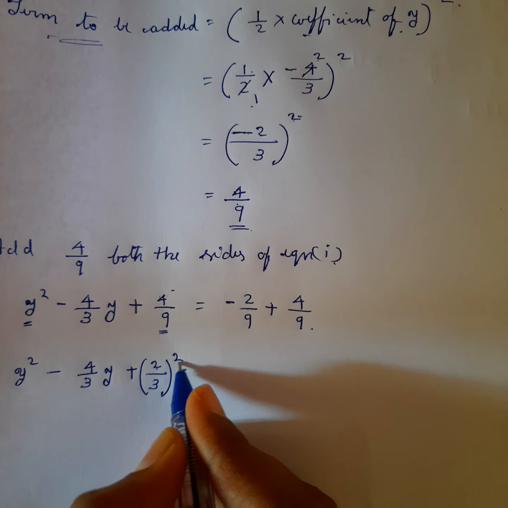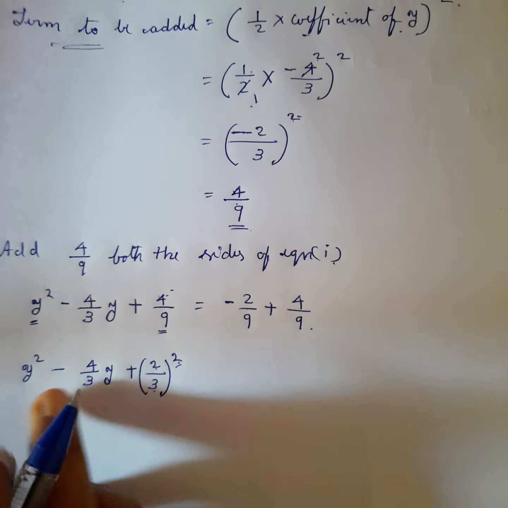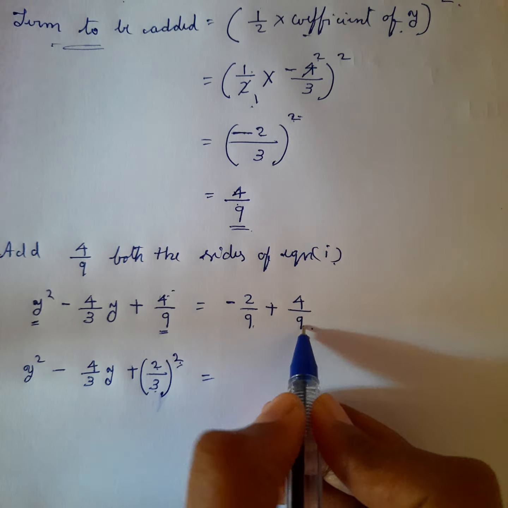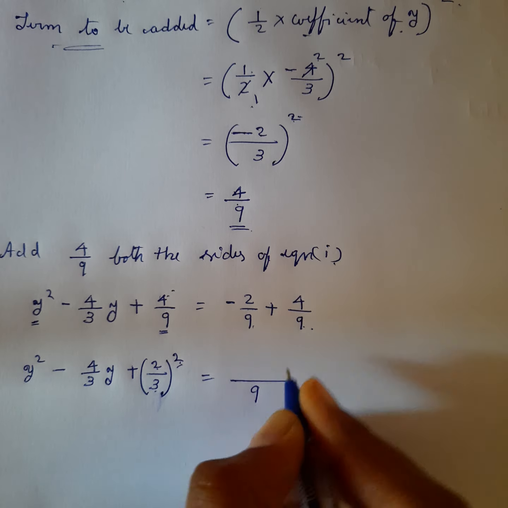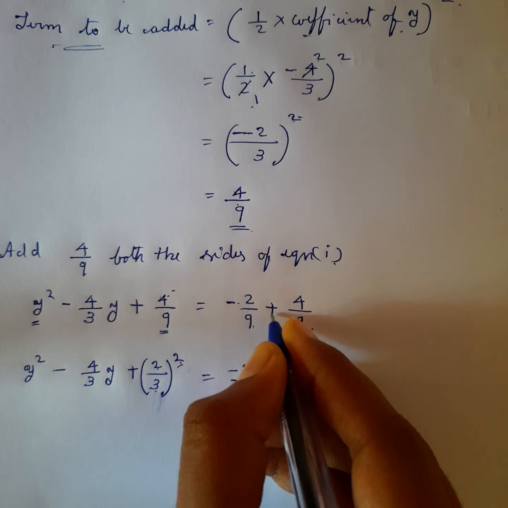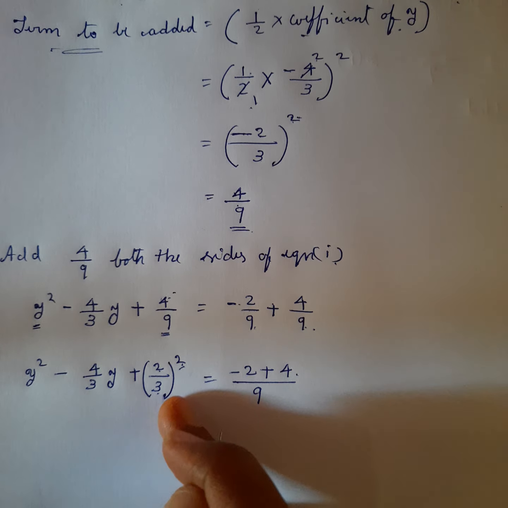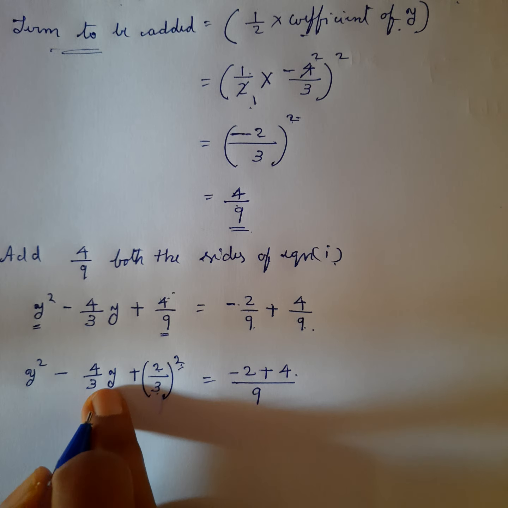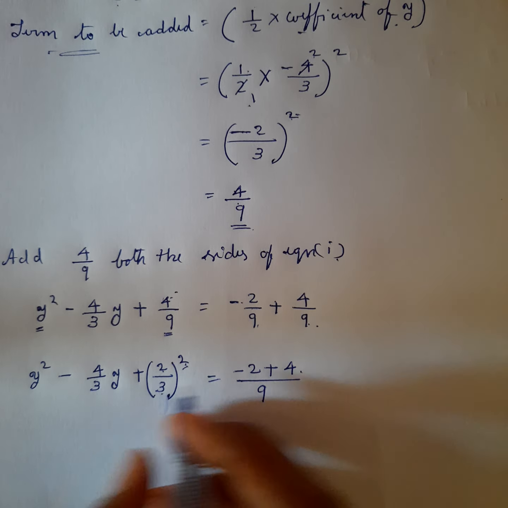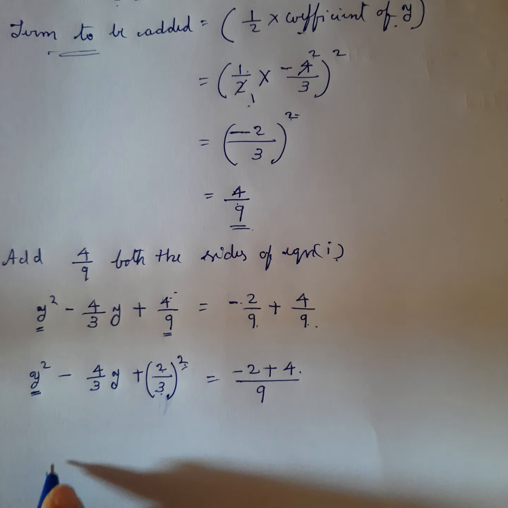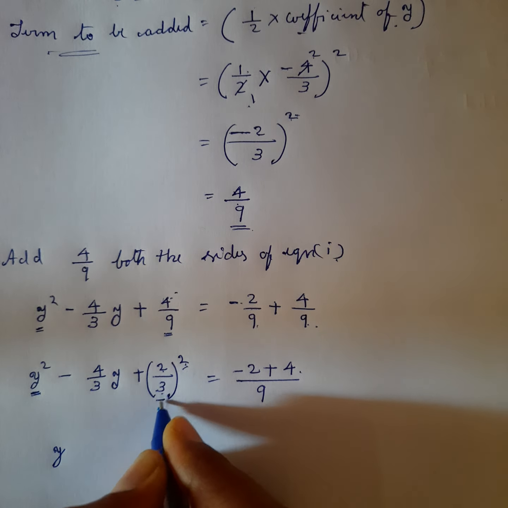The meaning is 2 square is 4, 3 square is 9, so we are writing this in square form, is equal to, calculate this, here the denominator is the same, so it comes as it is, and negative 2 plus 4. Now this we will write in the form of the a square minus 2ab plus b square identity. So the first term is y, the last term is 2 by 3.